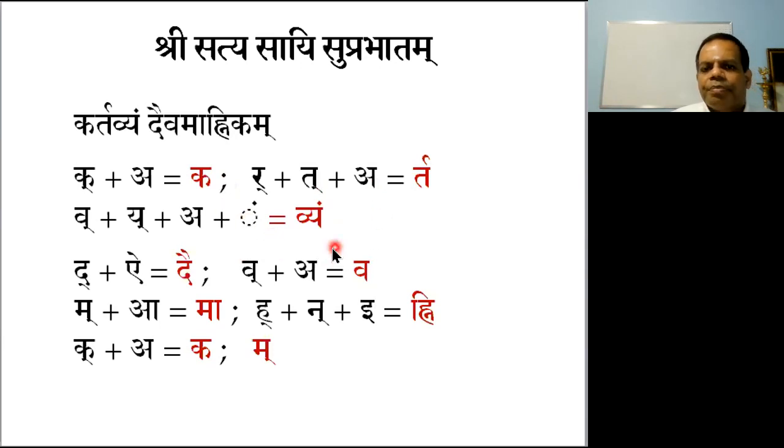Kartavyam. Okay. The last word is Daiva Mahnikam. The first letter is Dai. Id, which is the third letter, is in the Tha Varga. Id. Okay. And I gives you Dai. Okay. The next letter is Va. This U plus A gives you Va.